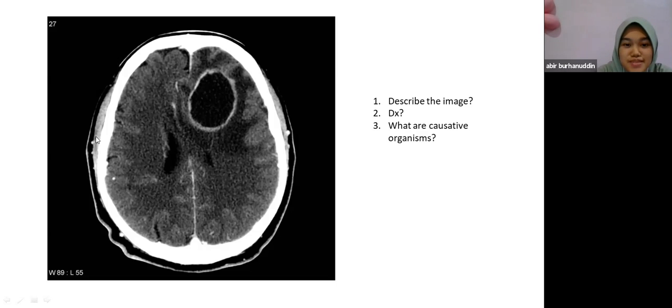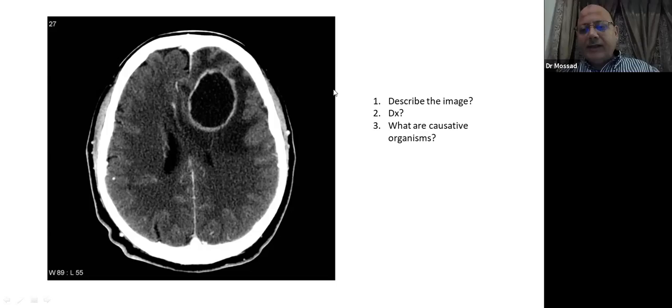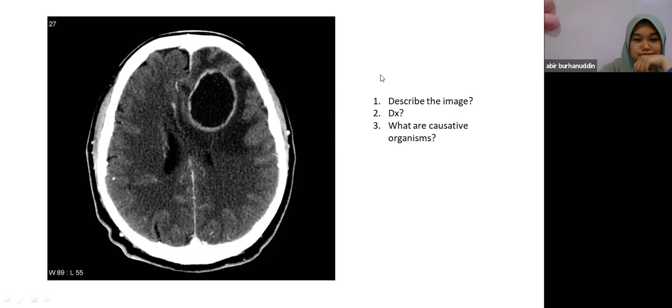So describe the image. Increase the volume, please. So this is a CT scan in axial view.